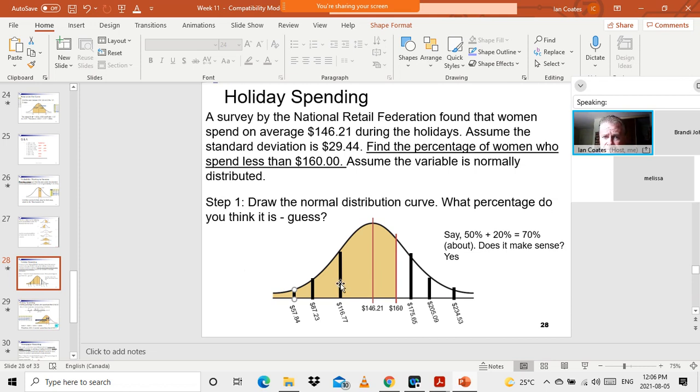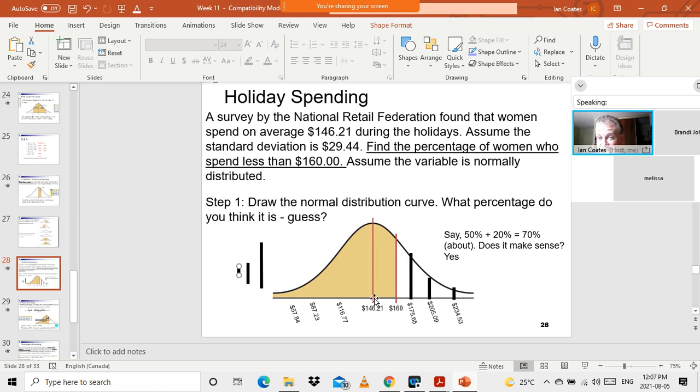Well, let's have a look here. What can we say? This all goes back to guessing. What's the percentage on this side? 50%. So that's already done. That's 0.5. The problem is, I don't know this. But you see how it falls in between, the first standard deviation in here would be 34%.